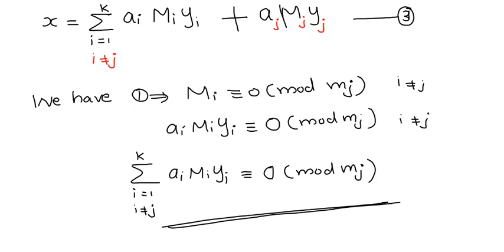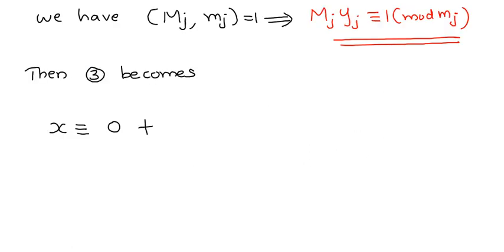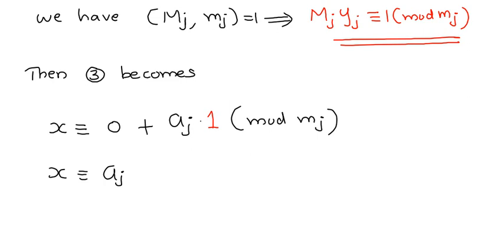This Mj yj is congruent to 1 mod small mj. So aj into 1, so plus aj into 1 mod small mj. So x is congruent to aj mod mj.